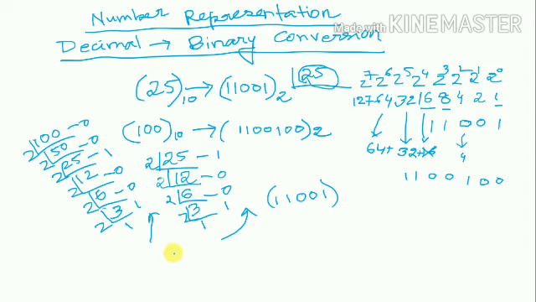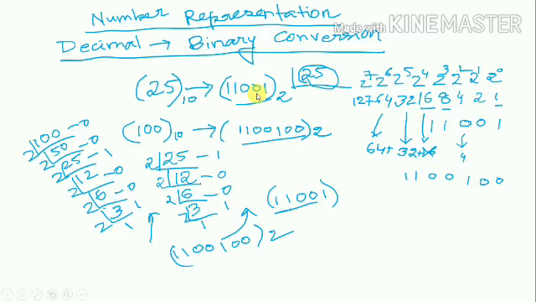From this direction, if you write down the numbers, it will be 1 1 0 0 1 0 0. So this is the binary of 100 and this is the binary of 25.